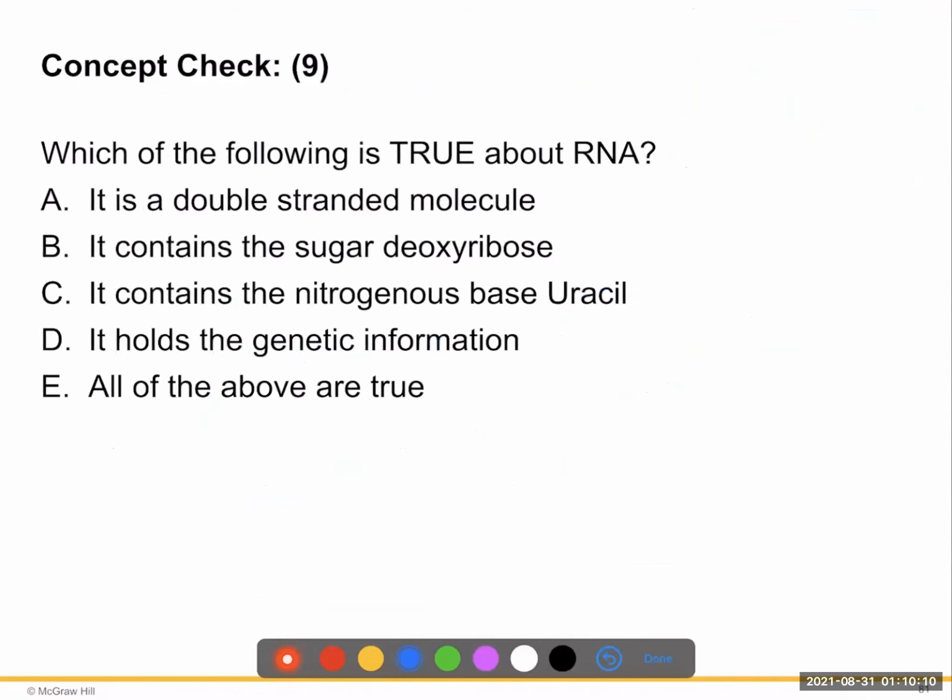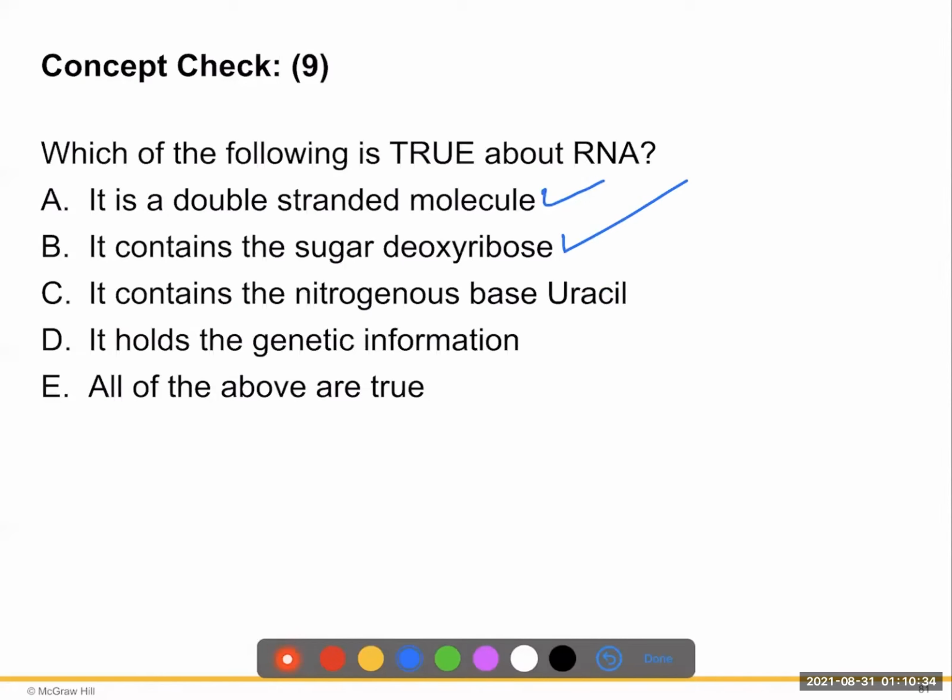Okay. Which of the following is true about RNA? Is A true? Is it a double-stranded molecule? No, it's single-stranded, right? DNA is double-stranded. B, it contains the sugar deoxyribose. C? Is it C, if the nitrogenous base contains uracil?